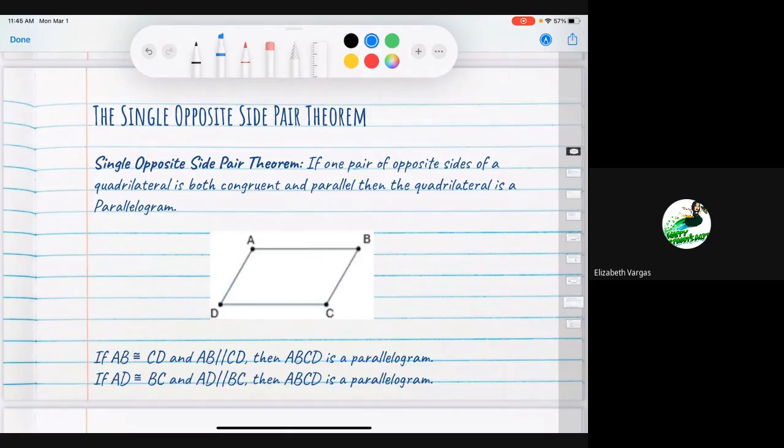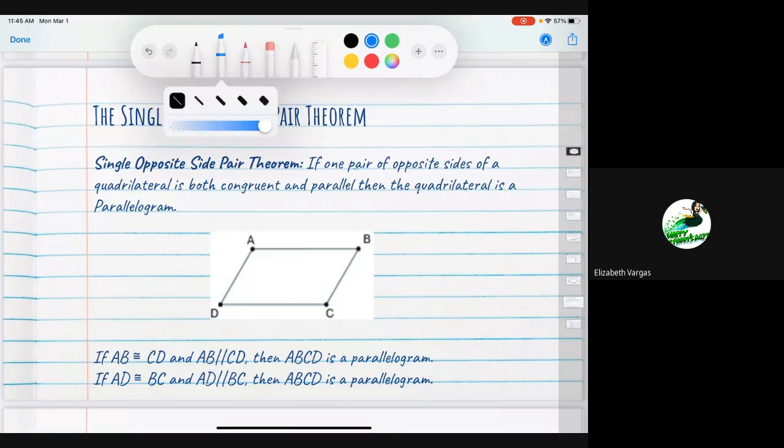And then lastly, we have the single opposite side pair theorem, which we haven't looked at yet. This is another way to prove if a quadrilateral is a parallelogram. The single opposite side pair theorem basically says if one pair of opposite sides of a quadrilateral is both congruent and parallel, then the quadrilateral is a parallelogram.